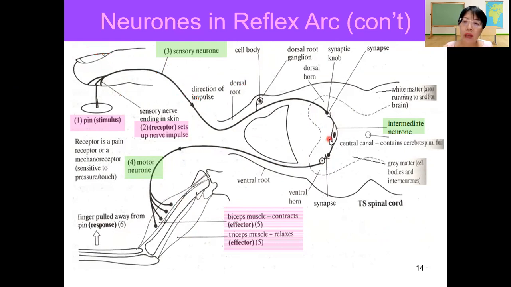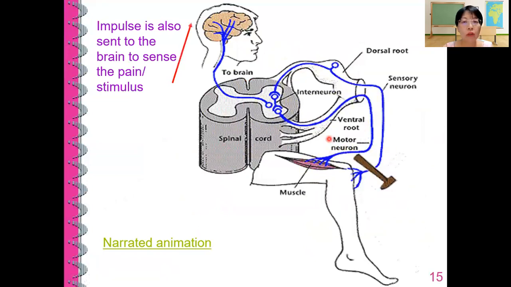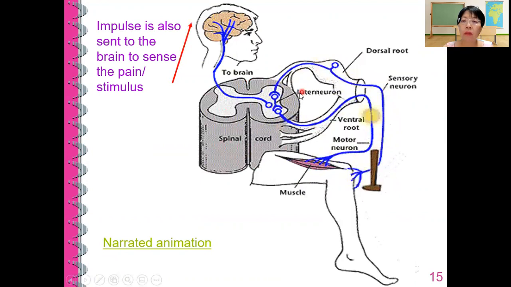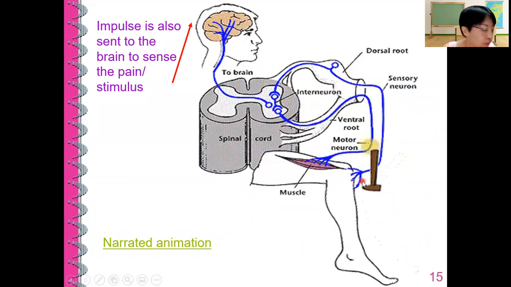Now we are going to learn more detail about the structure of the neuron. This animation shows the movement of the electrical impulse, which is very fast: after the stimulus comes the response, very fast. At the same time, when your knee is hit by the hammer, you are able to feel and know it because the electrical impulse is also sent to the brain.